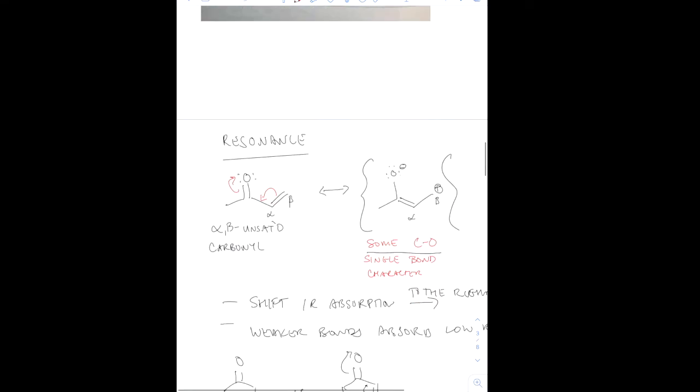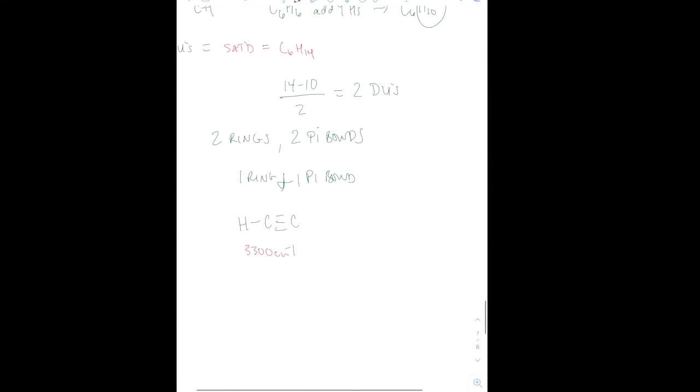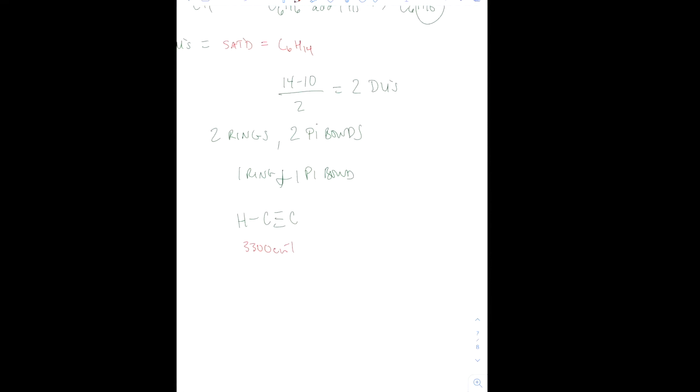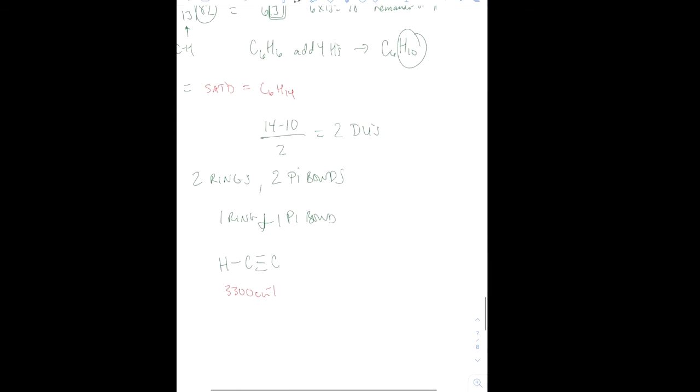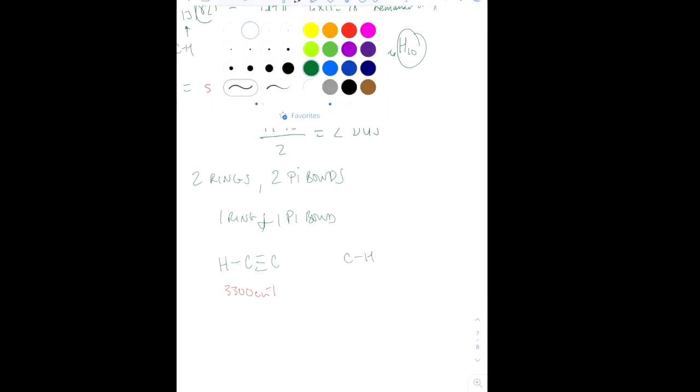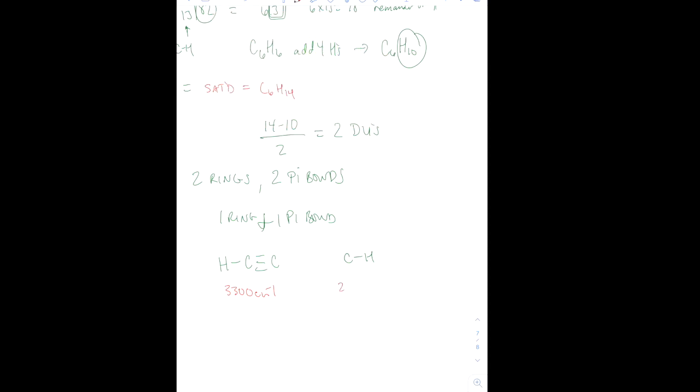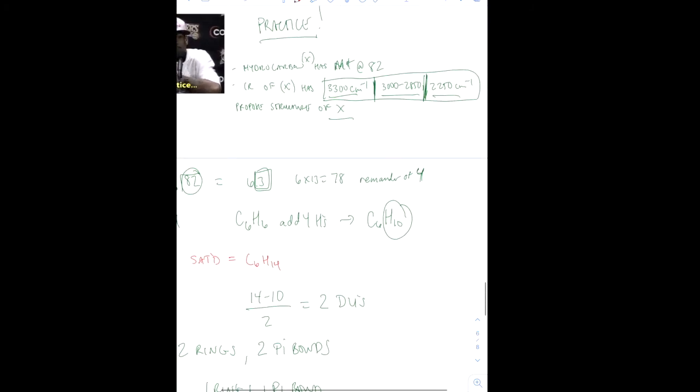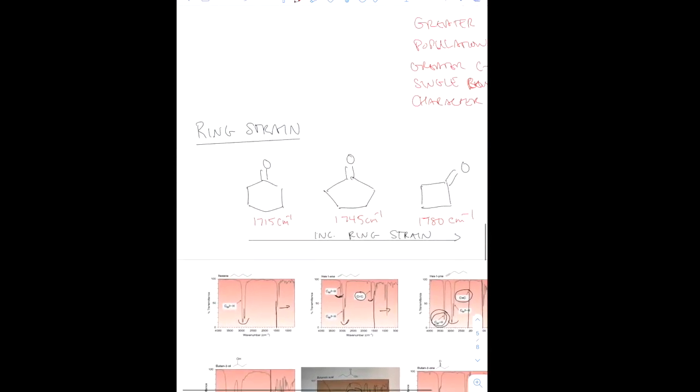I think you'll see that a lot. 3000 to 2850 is at the top, and that is your C-sp3-H's. So if you have a bunch of CHs, that's going to be your 3000 to 2850.